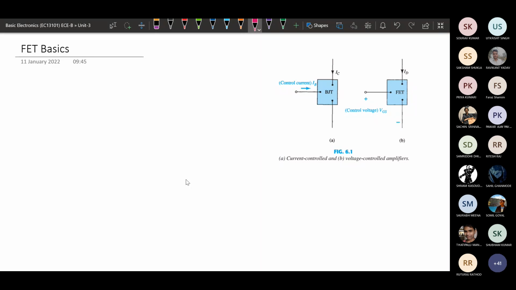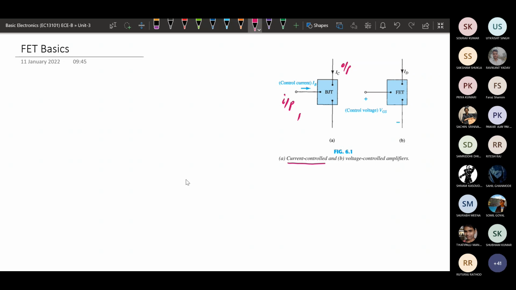This is the input side and this is the output side. On the input side we were varying the current, and on the output side we were getting the output in terms of current itself. So it is called current controlled, because the input current is going to control the output current.